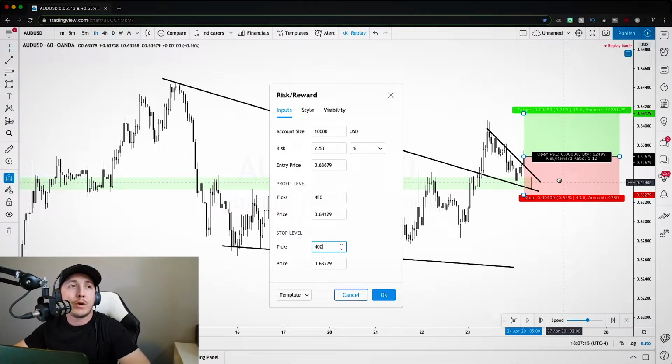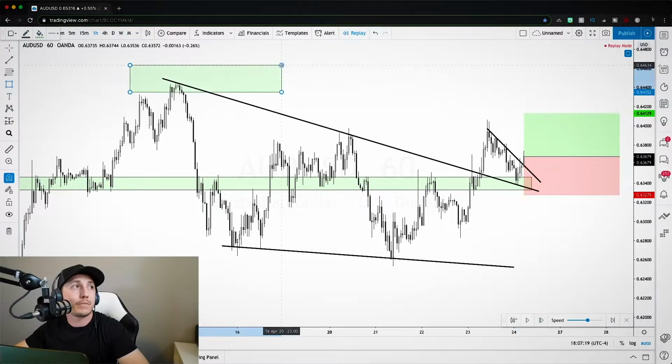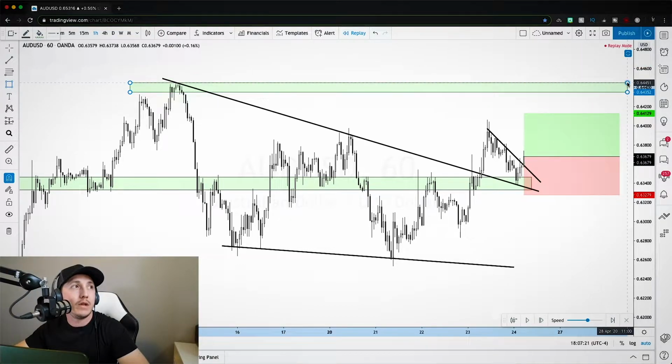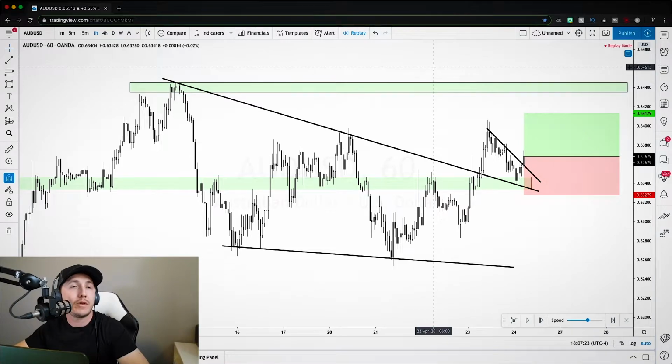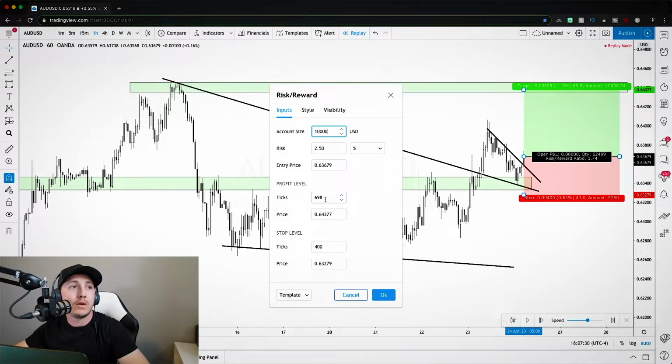All right. So we got a 40 pip stop loss, and we're going to target this level up here, our previous highs. All right. So that brings us into the 70 pip target range.